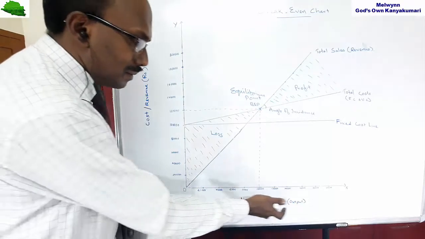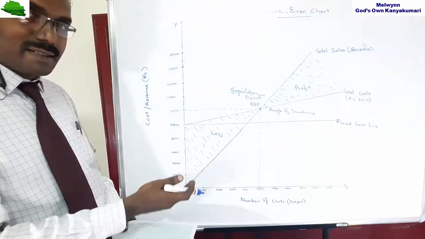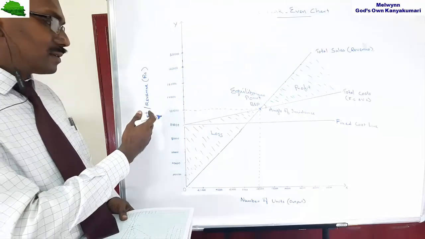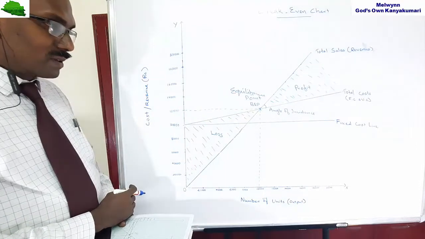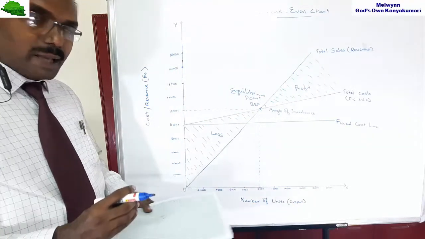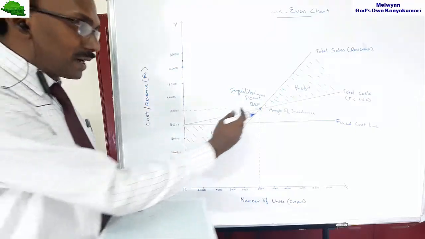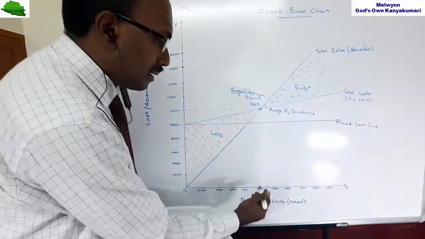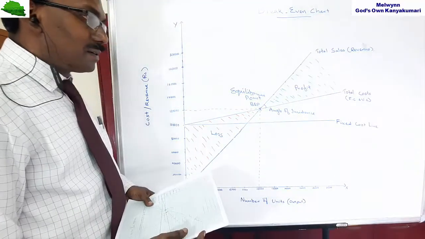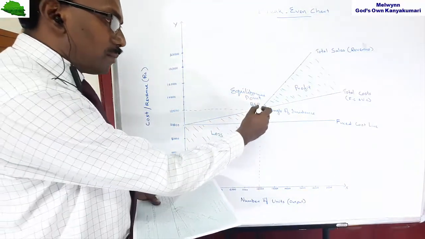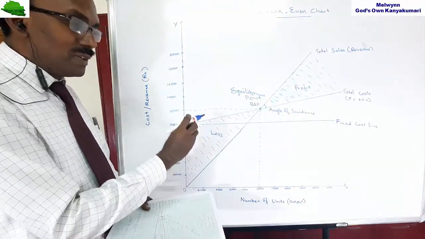Now see the graph. This is number of units output given in x-axis, then cost and revenue given in y-axis. Based on the given table, we put the values in the chart and we are getting break-even point 10,000 units. So below the break-even point, loss to the business.